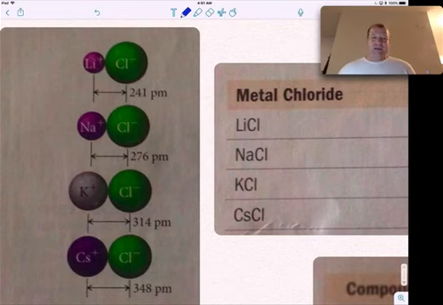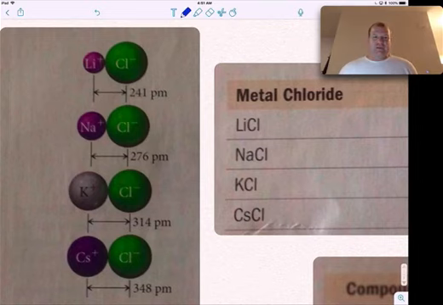The chloride doesn't change, so same size, and the chloride anion looks at the positive centers and it likes the smaller, more densely charged lithium ion, because the positive charge is more dense. There's more positive goodness in a smaller space, therefore the electron cloud is happier to be around lithium than it is cesium. And it shows this by the intermolecular distance.